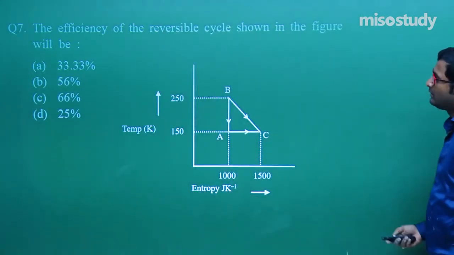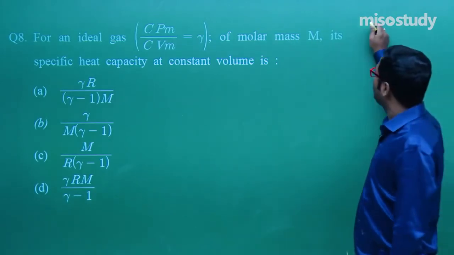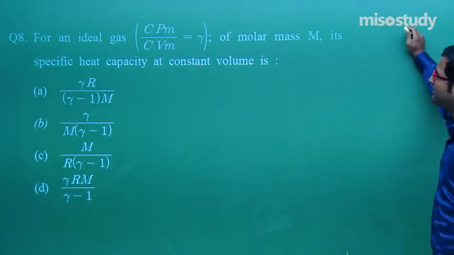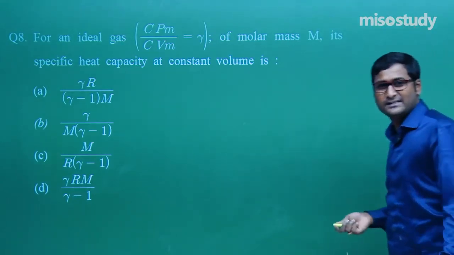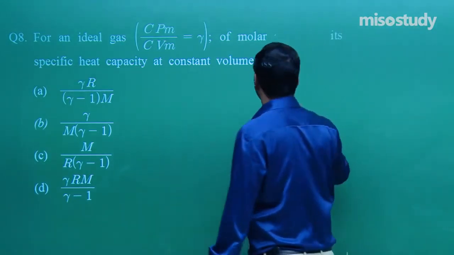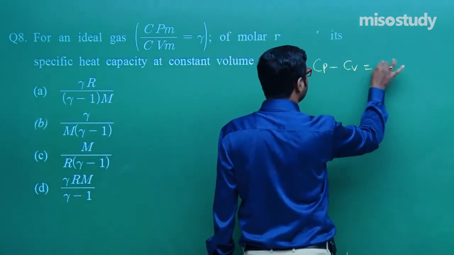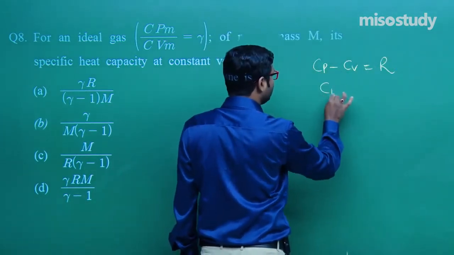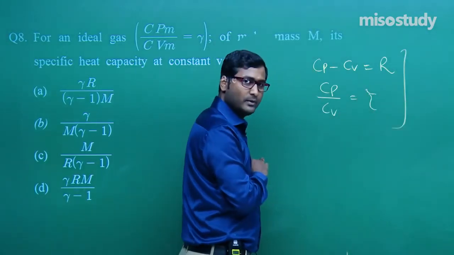Now let's move to question number 8. For an ideal gas of molar mass m, its specific heat capacity at constant volume is asked. It's very simple. Use this formula: Cp minus Cv is equal to R, and Cp upon Cv is equal to gamma. Do you remember this?